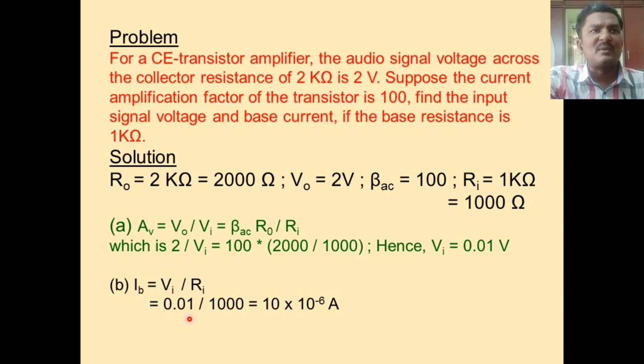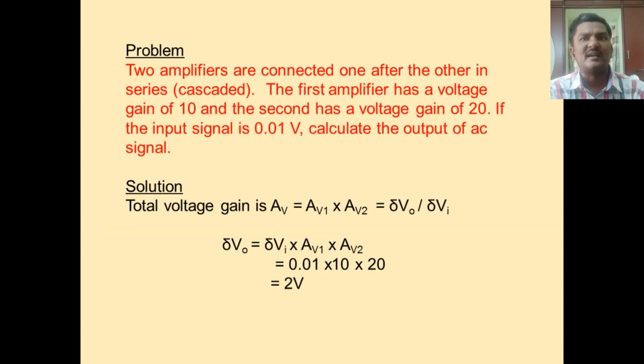Next, second problem. Two amplifiers are connected one after the other in series, that means cascaded. The first amplifier has a voltage gain of 10 and the second has voltage gain of 20. Input signal is 0.01 volt. Calculate the output. Here two amplifiers are used with different voltage gains.